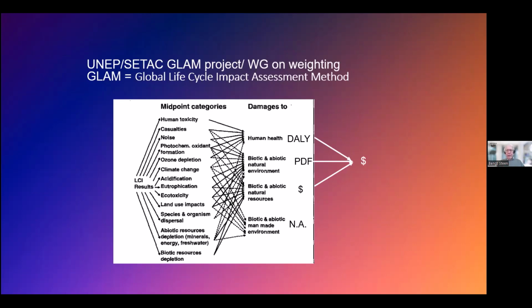And then you have a last step where you aggregate them to dollars, or monetary values, and they do that by stated preference methods. You ask people, in a sophisticated way, how much they are willing to pay for a DALY and a PDF, etc. And of course, it works.